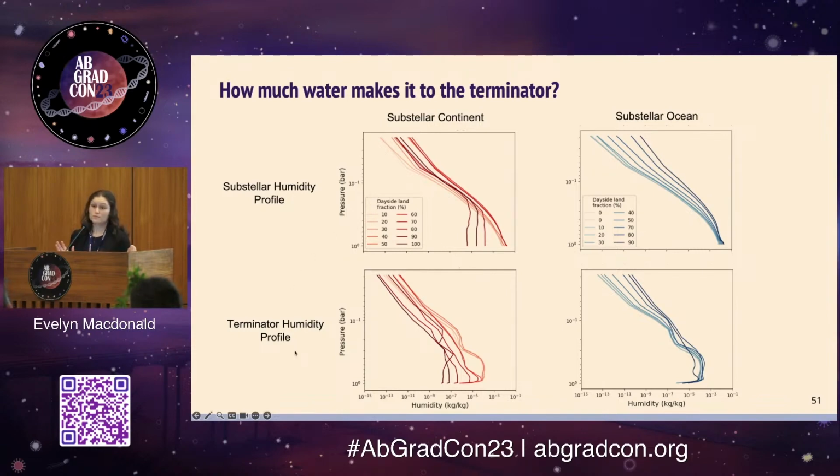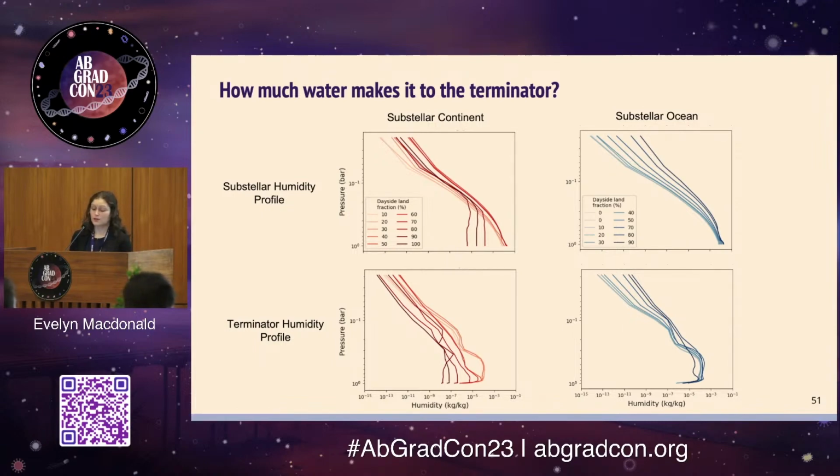So I'm looking for a relationship between the amount of water in the rainy zone and the amount of water we can see. Substellar ocean models all look pretty much the same, which makes sense. There's water there. There's a bit less at the terminator, but it's still there. For the substellar continent models, the ones with a lot of land have much less water at the terminator, but still some. So maybe we can tell the difference.